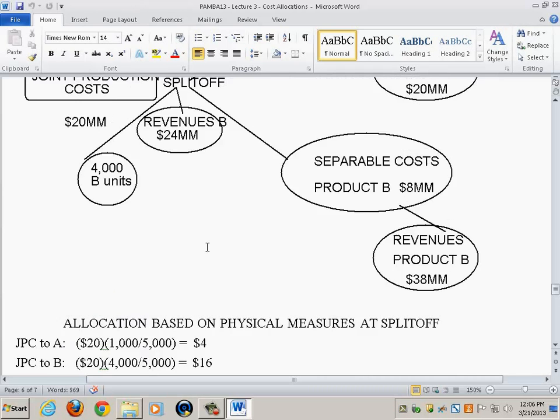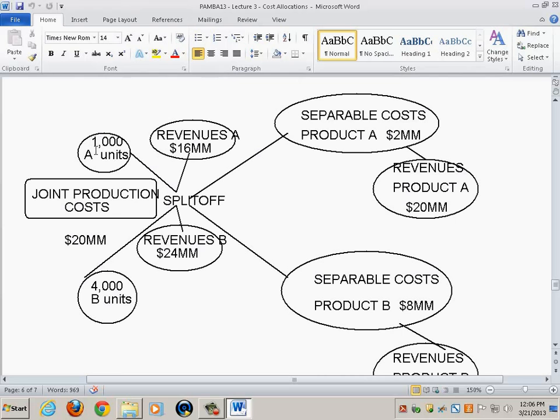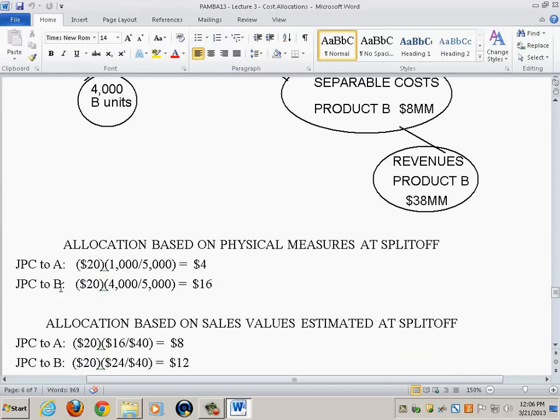So the physical measures at split off are 1,000 units of A and 4,000 units of B. So we allocate a $20 million joint cost by the ratio of the physical quantities, 1,000 and 4,000, to a total of 5,000. So we get 1/5 allocated to A, 4/5 allocated to B, 4 million and 16 million allocation of the 20 million.